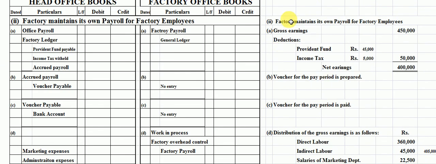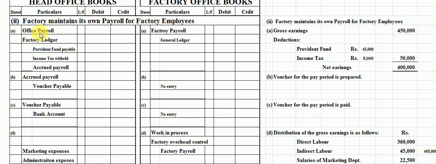So this is the second requirement. The factory maintains its own payroll for factory employees here. For this purpose, in the book of head office, payroll is maintained.